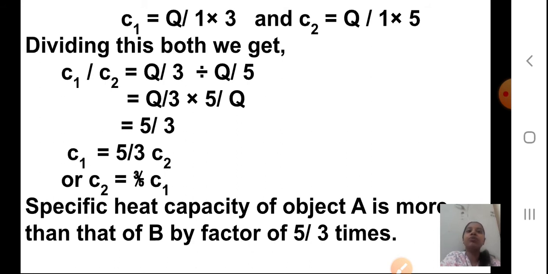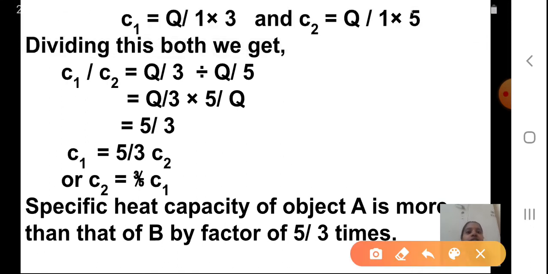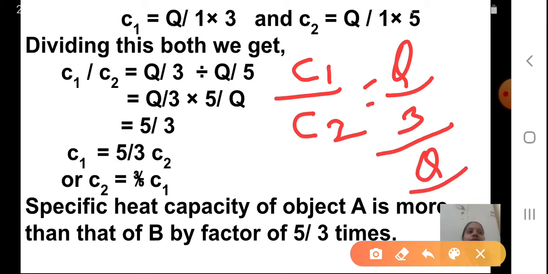Now we are going to divide C1 and C2, so C1 upon C2 is equal to Q upon 3 divided by Q upon 5. How can I write this again?